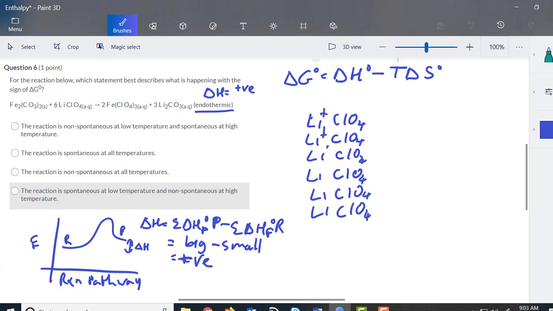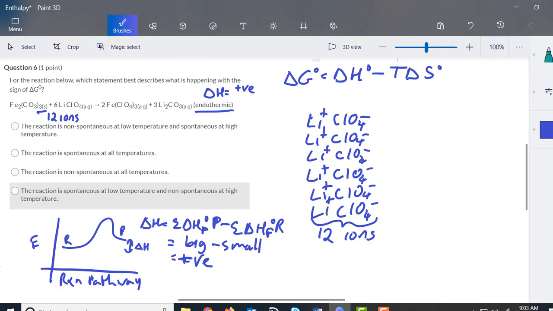I can put the charges on. I don't really need the charges, but I like the charges on the ions. That's 12 ions in total if you count them up. So that's how many ions we have on this side. Remember that the solid here doesn't split into ions, so we don't count that. So that's going to be 12 ions on the reactant side.